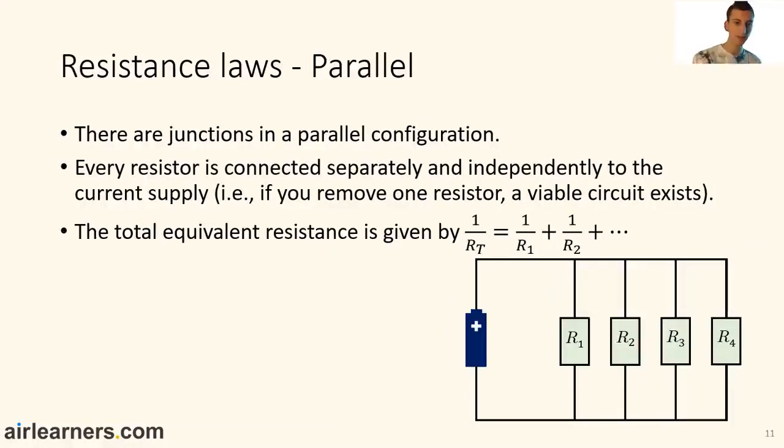We can do something similar, but not exactly the same, for parallel. And it is important when you're working with circuits to note whether you're doing things in series or parallel or a mixture of both. There are junctions, and by that I mean these things over here. Here is a junction, it splits off into separate paths, and then it comes back together at these points.